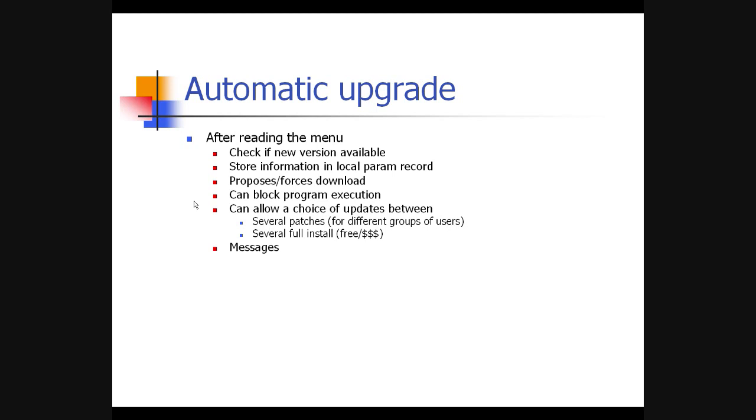Of course, in this menu file, you can also have messages. There's nothing that prevents you from implementing a way to display information. You are already displaying information about each update. Well, it could be not an update, just several messages. Message being, well, please be aware that the central database will be inaccessible between this time and that time for maintenance, for example.